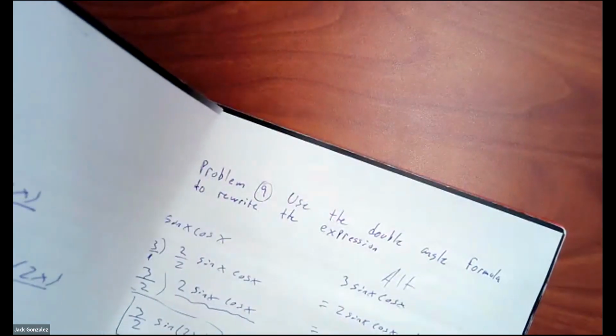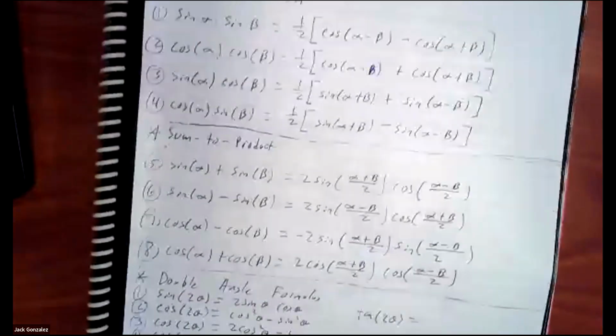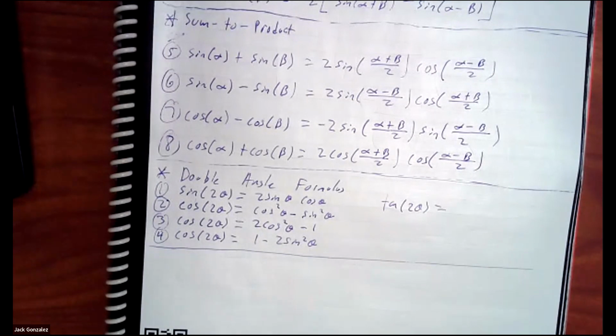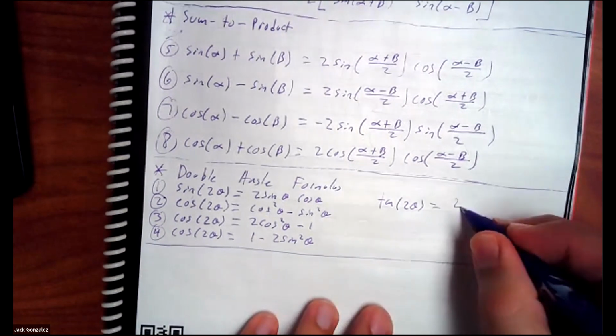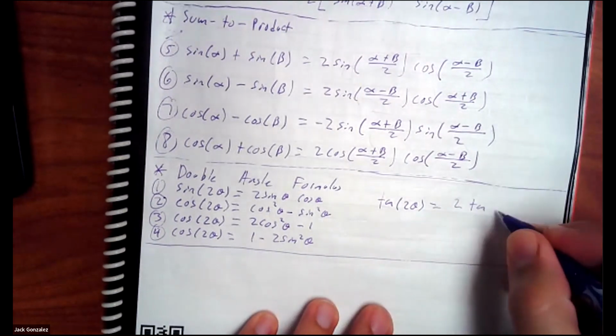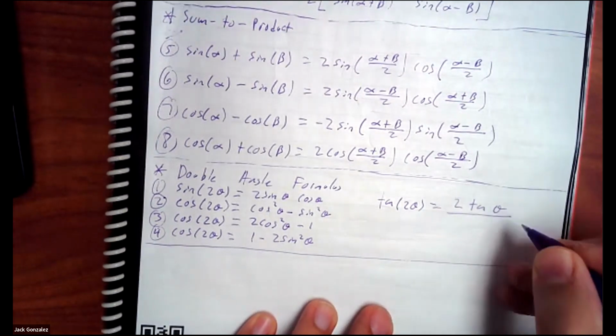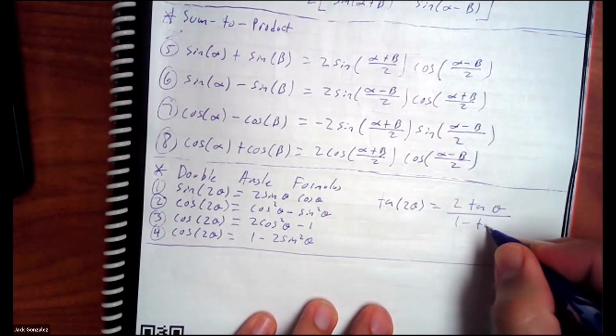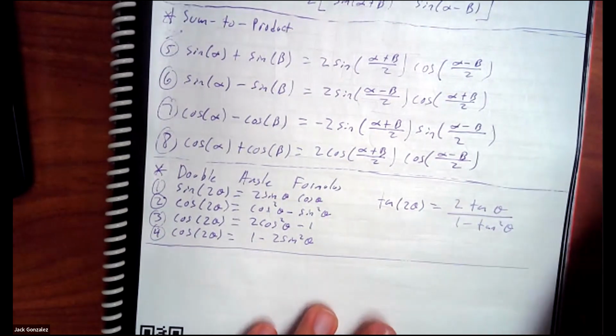Oh no, I just changed the square. Yeah, here. So it's gonna be 2 tangent theta over 1 minus tangent squared theta.